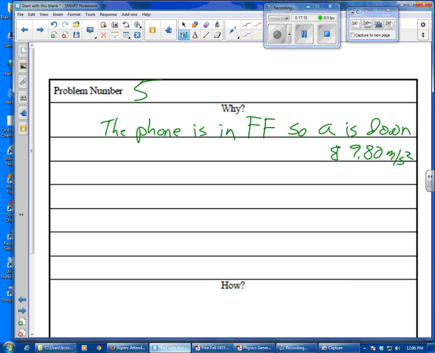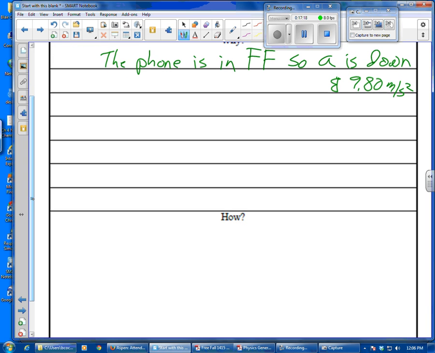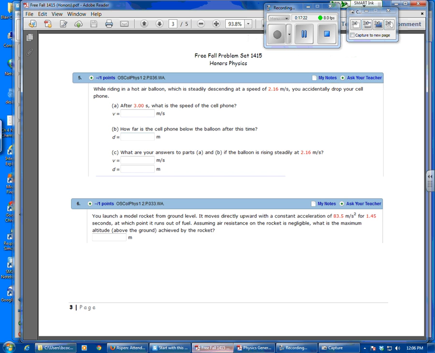The other factor, though, that you may not at first realize is the fact that when it is released, when it is dropped, your cell phone is moving with the same speed, same velocity as the balloon.